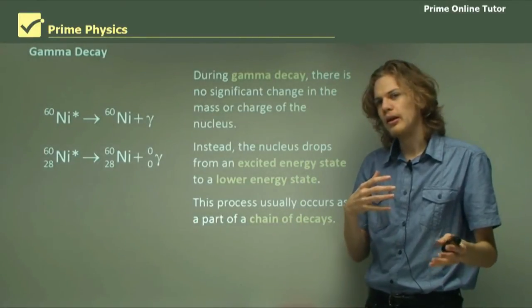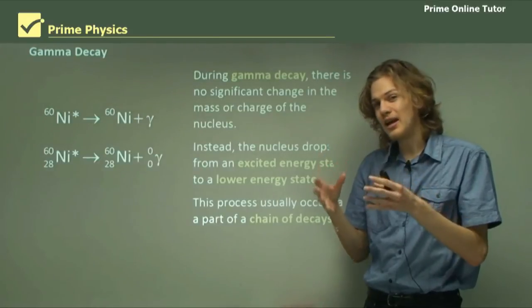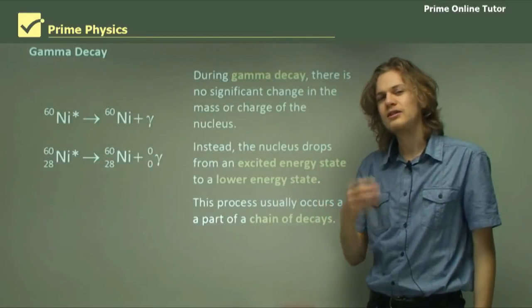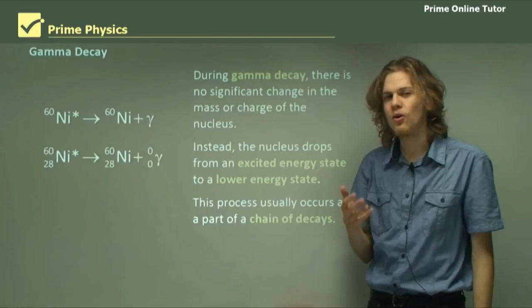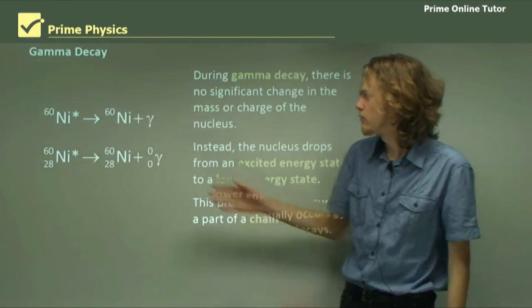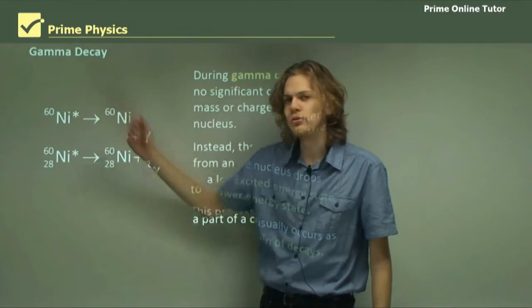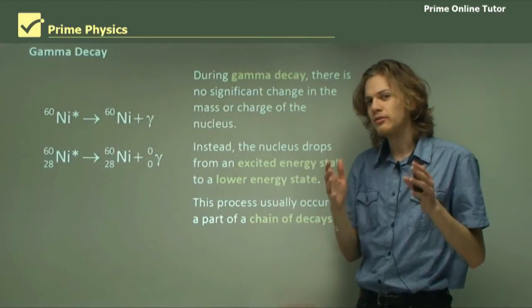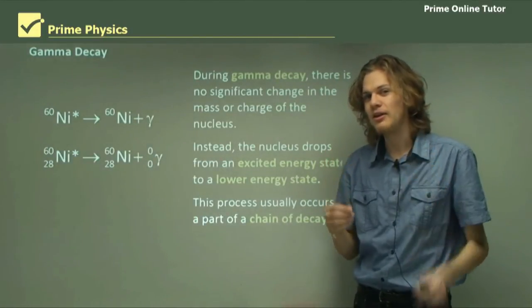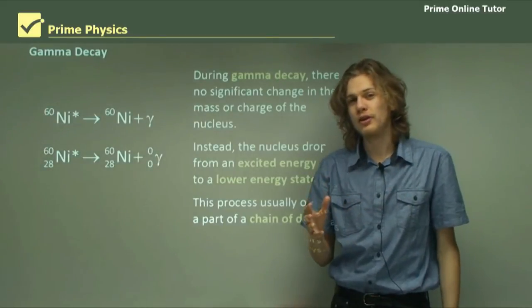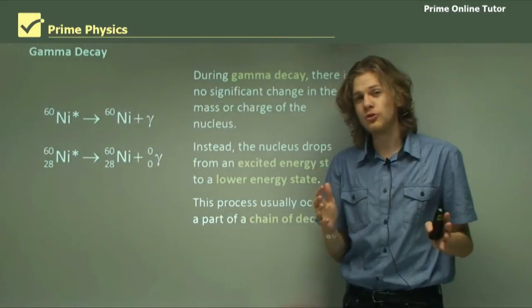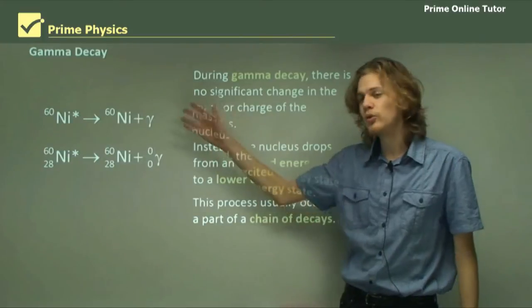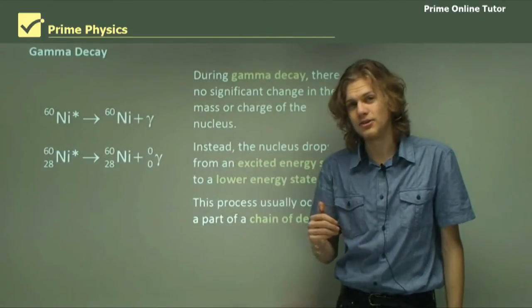So it's a very important decay, but it doesn't change the mass or the charge of the original nucleus. And once again, just to make sure it's in your head, this has nothing to do with the electrons. We can forget about the electrons completely. We're dealing with the nucleus. This is nuclear physics.